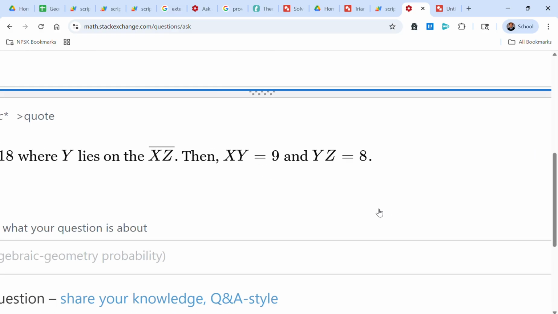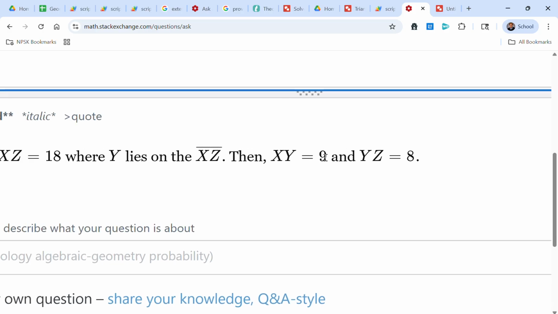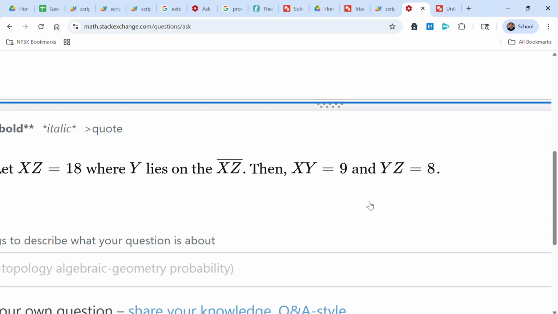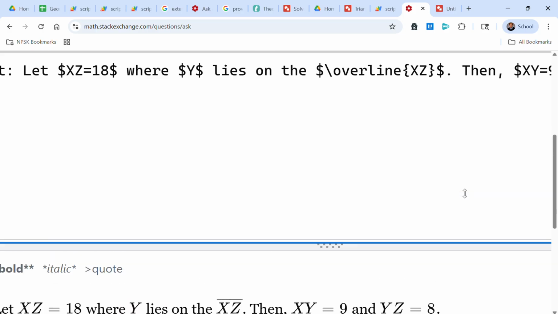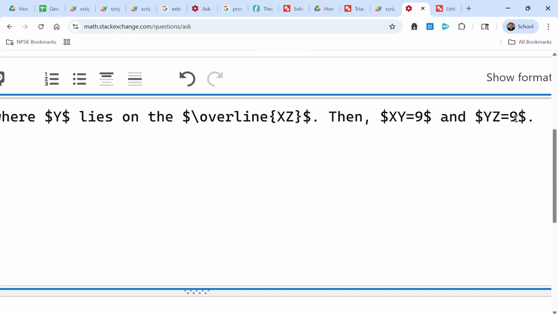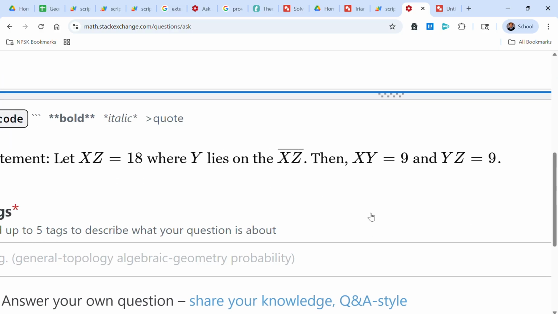So clearly 9 plus 8, actually let's do this again, 9 and 9, my mistake. We know that 9 plus 9 equals 18. This works. But this would not necessarily work every time.